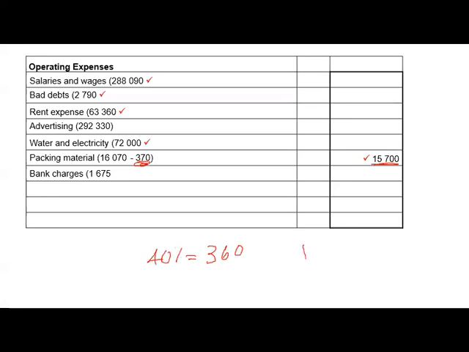But I want bad debts. I know my bad debts is the 60 cents. So the principle applies. For me to calculate those bad debts, I will take the 360, which is the cash amount that was received, multiplied by 60, and divided by 40. And how much will that give me?